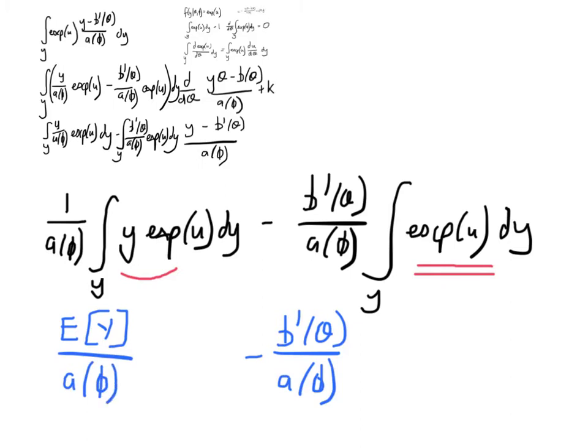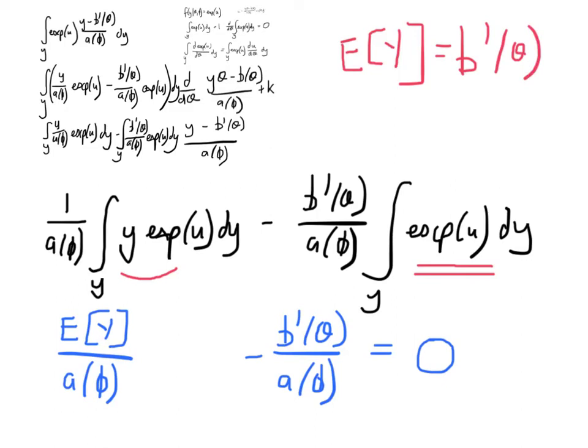So I have the expected value of y over a of phi minus b prime of theta over a of phi, and we saw earlier that this equals 0. We're now in the realms of quite simple algebra, and we can see that the expected value of y is equal to b prime of theta for whatever values of b and theta we're working with.